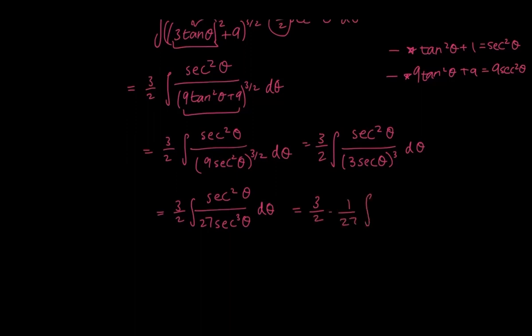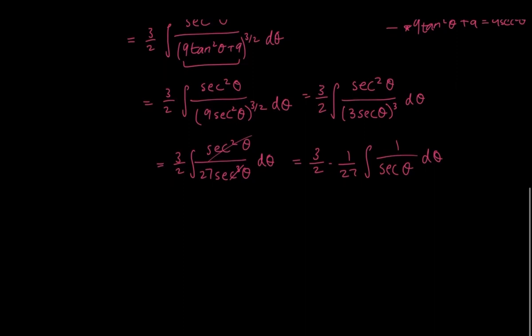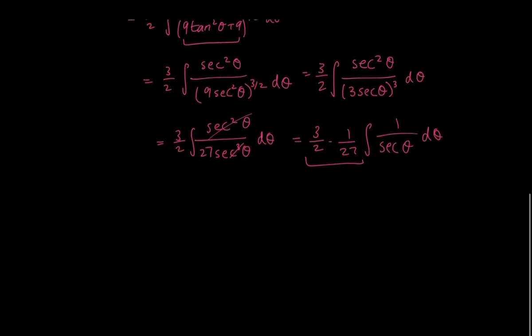I know that that secant squared on top is going to cancel with 2 of my secants in the bottom, so I'm left with 1 over just 1 secant theta d theta. These constants will simplify to 1 over 18.